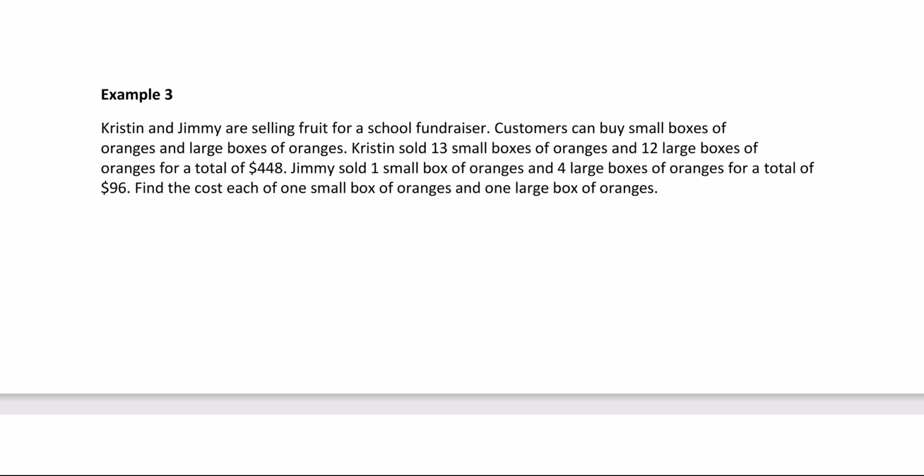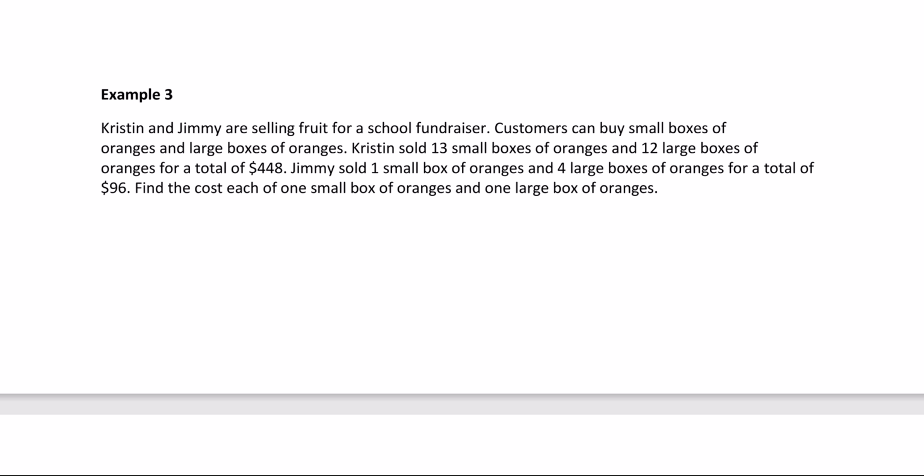Kristen sold 13 small boxes of oranges and 12 large boxes of oranges for a total of $448 raised. And Jimmy sold 1 small box of oranges and 4 large boxes of oranges for a total of $96. Find the cost of each box of oranges.